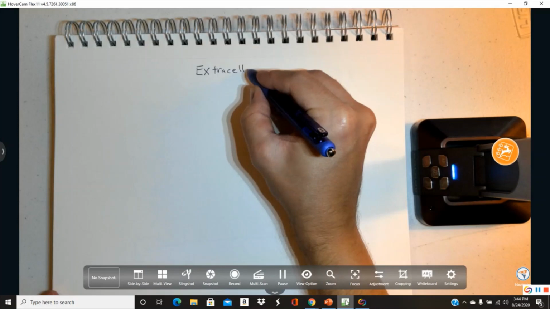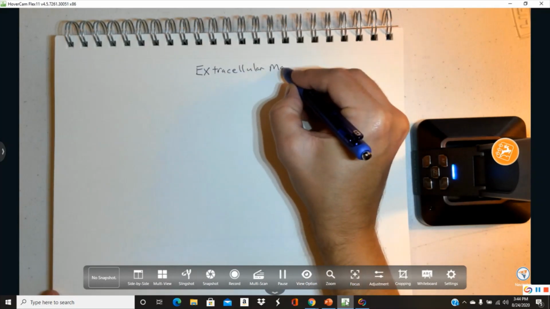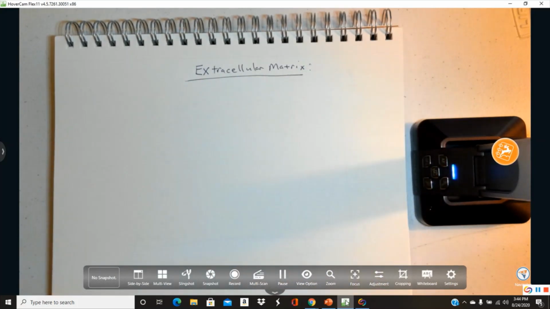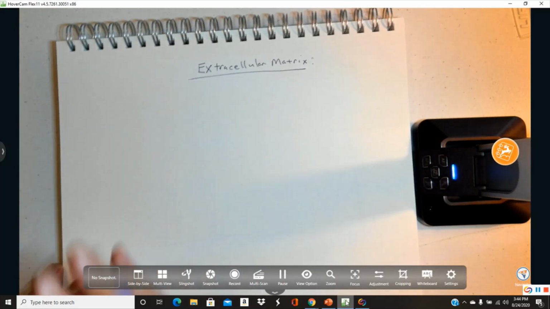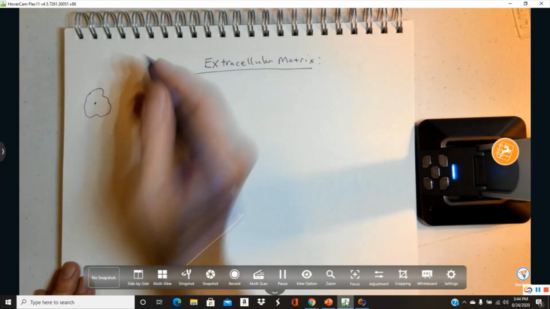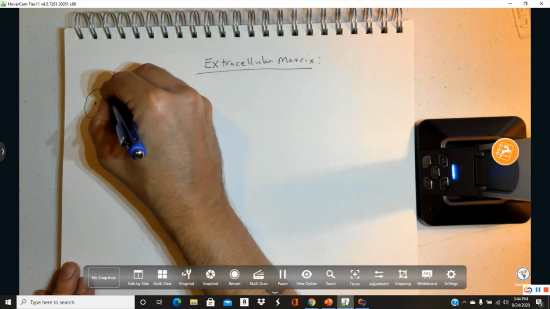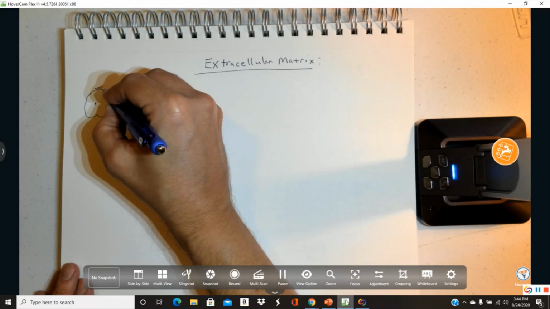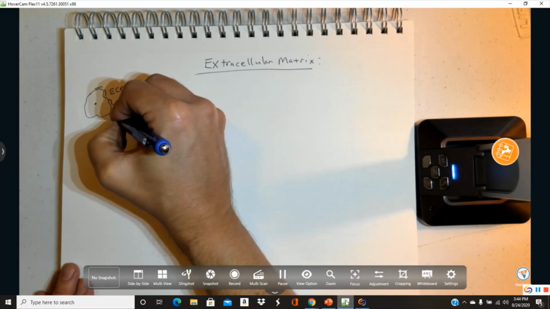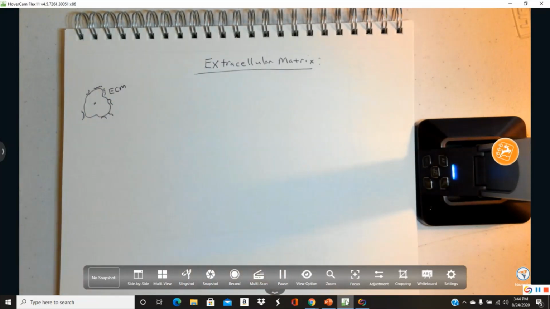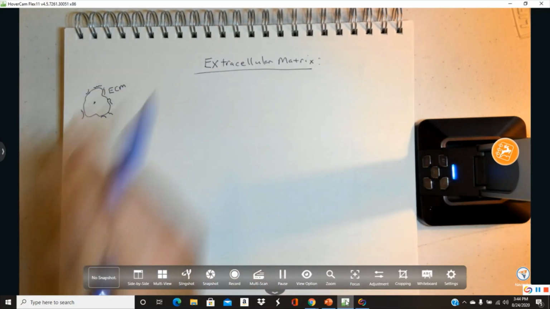First off, extracellular matrix, remember, is going to be proteins and fluids and things outside of a cell. So just real quick, let's say I have a cell here. This is just a body cell, some nucleated cell, and there's an extracellular matrix on the outside, usually involving proteins that are attached to or associated with the cell, sticking out around it, and fluids that are around that cell.